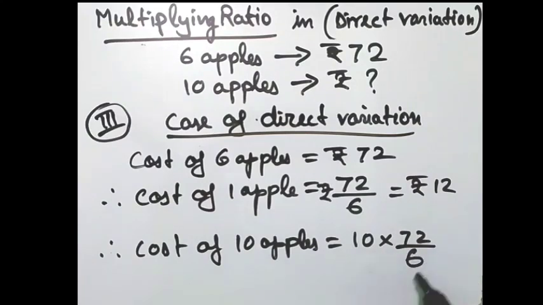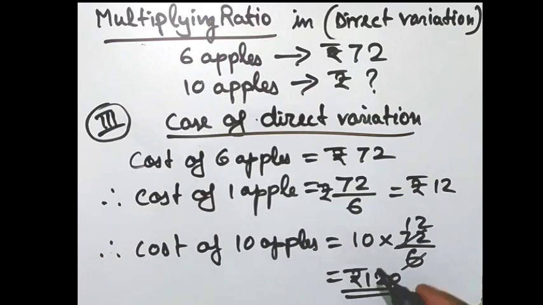If you observe this expression, you will see that it is 10 by 6. 10 by 6 means the multiplying ratio, right? So anyhow we are getting the multiplying ratio form. You could have brought 12 here directly and multiplied, and you would have got 120. Since I have brought 72 by 6, it is also okay. 6 12s are 72, that is rupees 120. I hope you are clear with the three methods of solving problems on direct variation. Now let's move on to indirect variation.